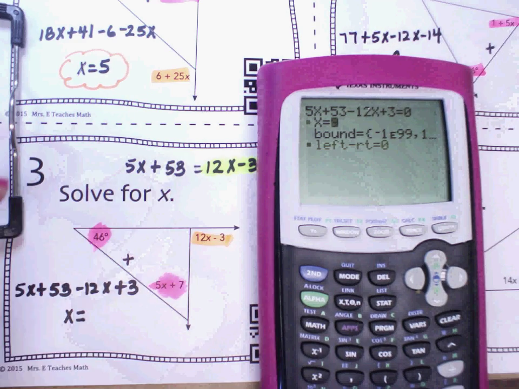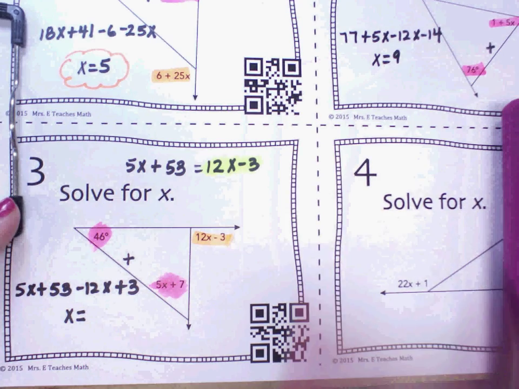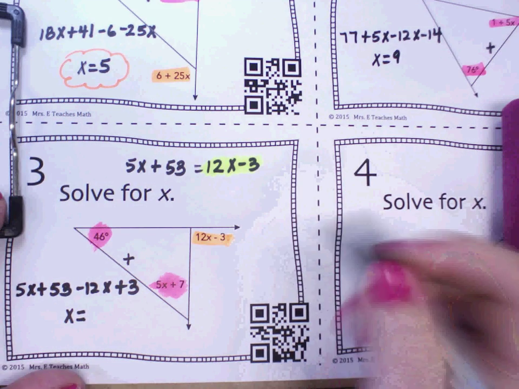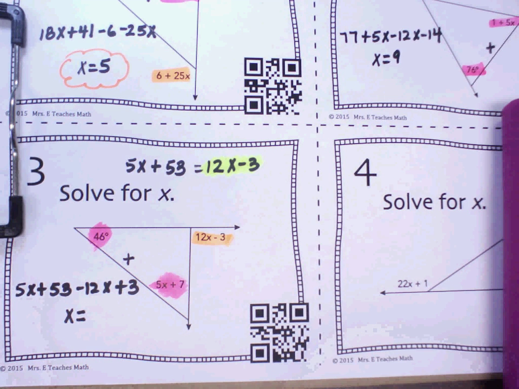What do we got, Jamilet? How much, baby? X equals what? What you got, baby? Help her out in that team. Oh, you had it, but it went away. It went bye-bye. Do it again, baby.